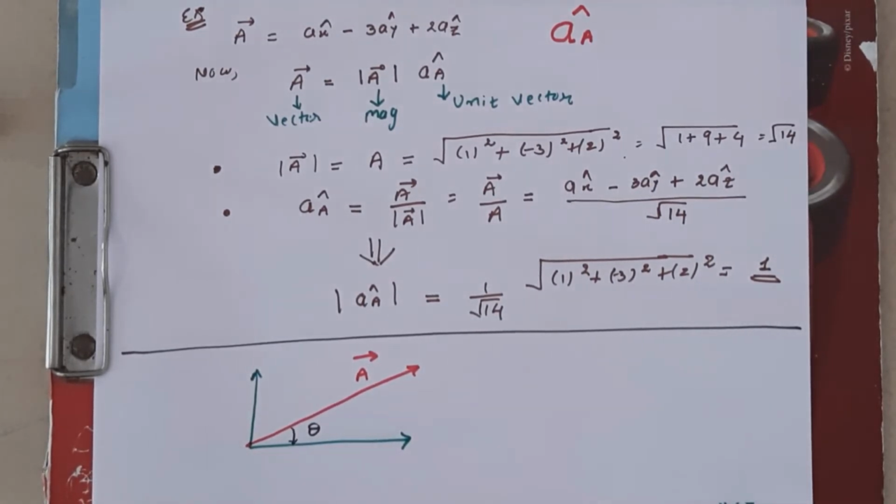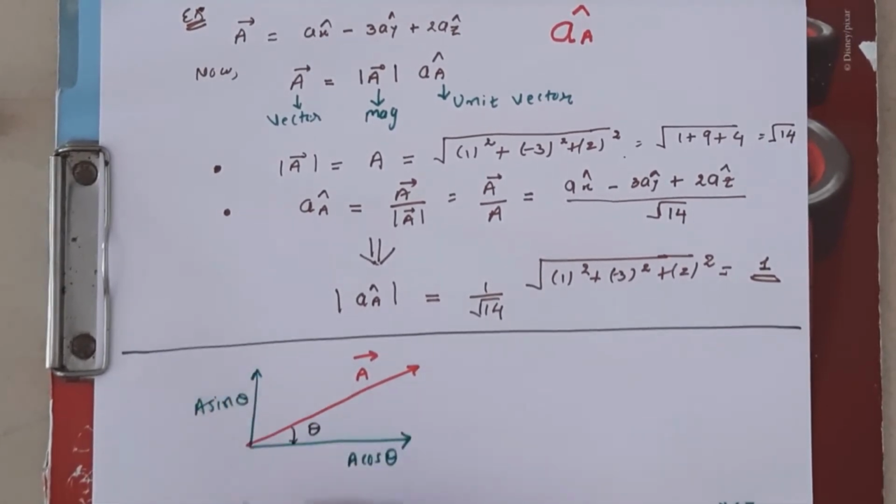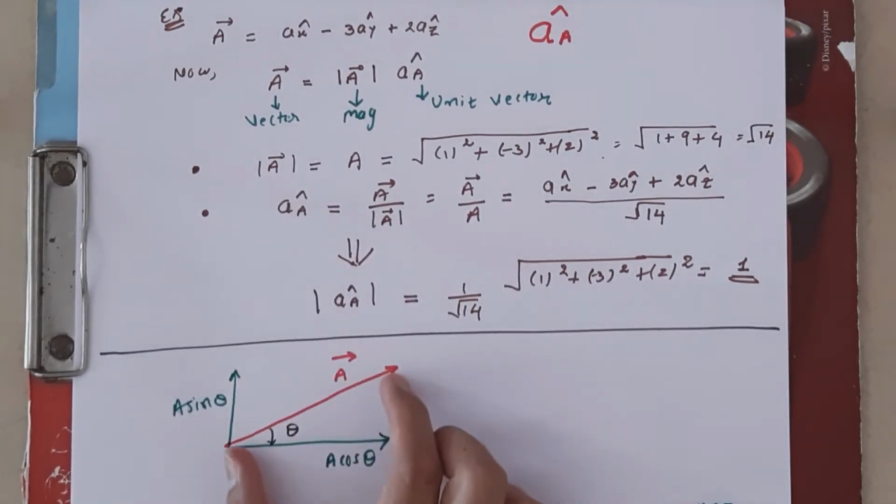What is the magnitude of this horizontal vector? It's very easy. The magnitude of the horizontal vector is A cos theta, and this one is A sin theta. I just apply the trigonometric concept, and A is the magnitude of this vector.